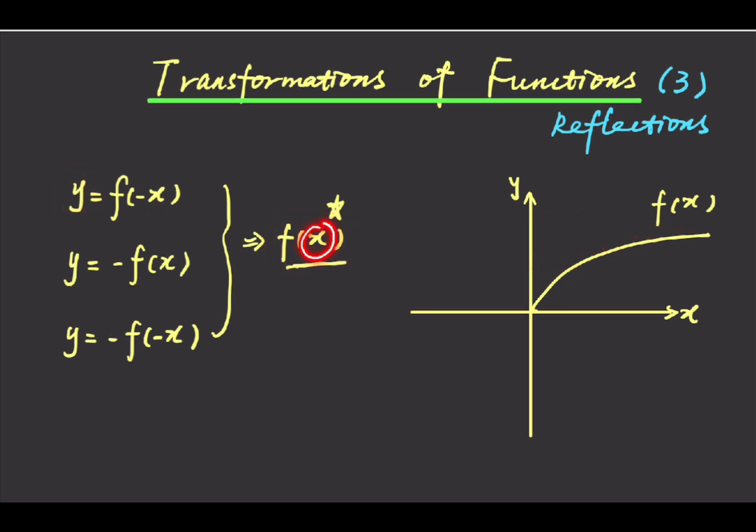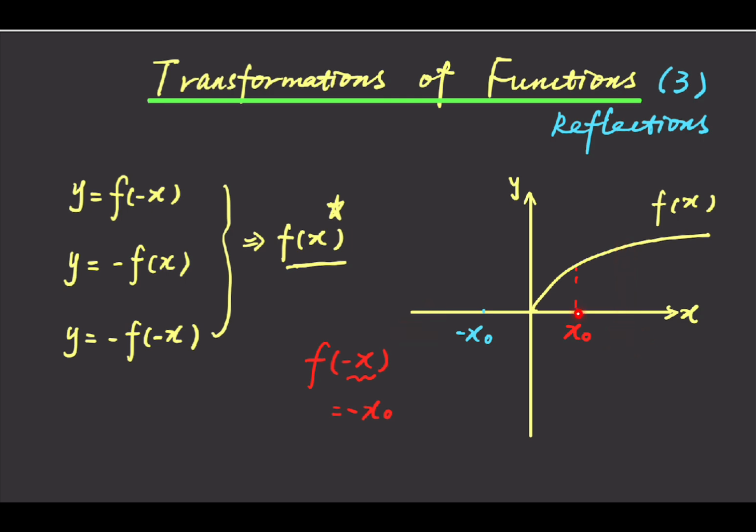So this x, its opposite value should be negative x. Here, if this is the original x0, in this function, negative x should be negative x0. So its corresponding point should be here. Next, if this is the new x0, the corresponding negative x0 should be here.